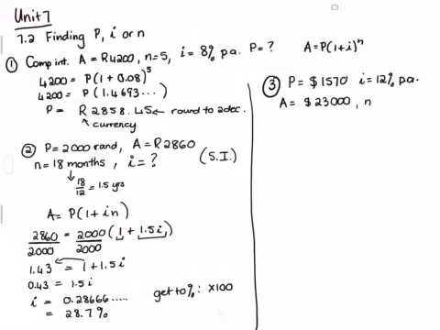And my question is, for how long must I invest that money to end up there? So again, fill in what you know in your formula. Oh, this one was also compound interest. 1,570 times 1 plus I to the power of n.